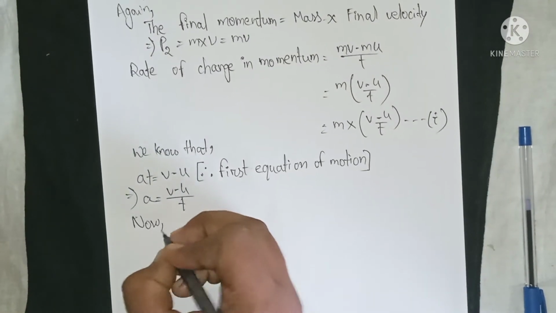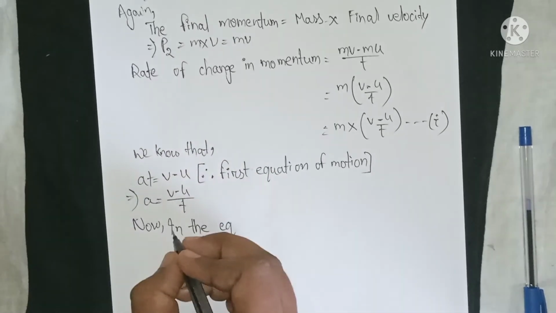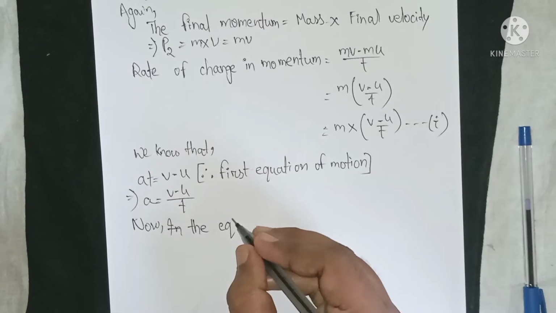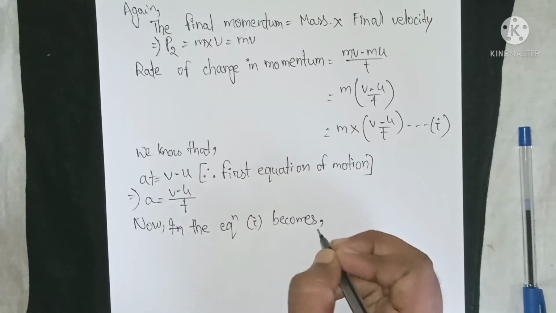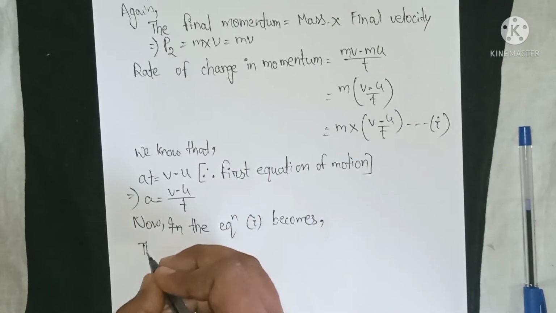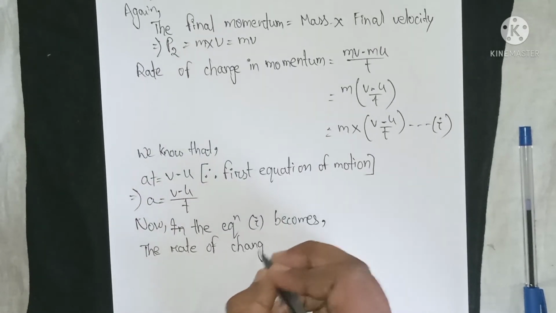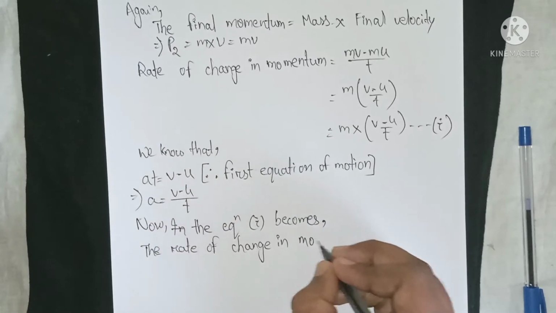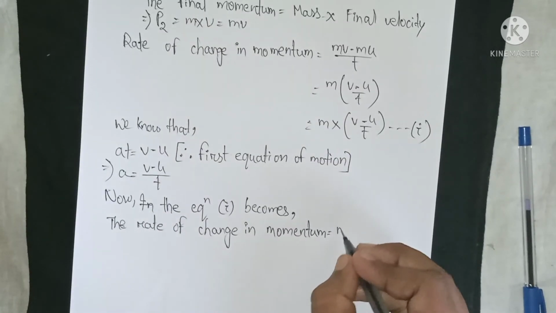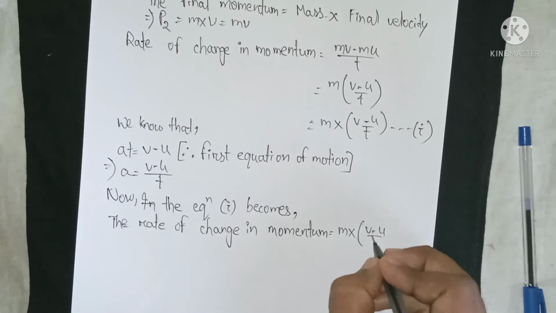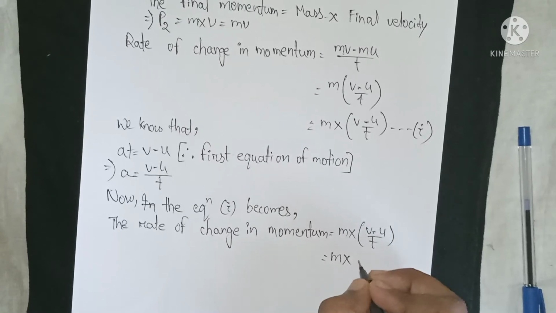Now the equation I becomes the rate of change in momentum is equal to m multiplied by (v minus u) by t, and that's from equation I. Now I can write it as m multiplied by a.